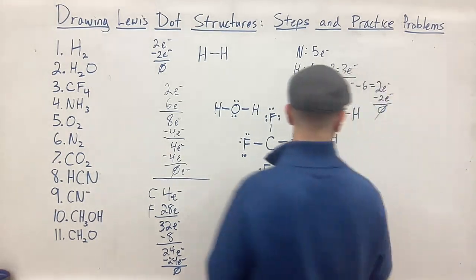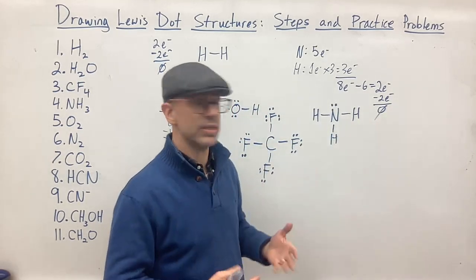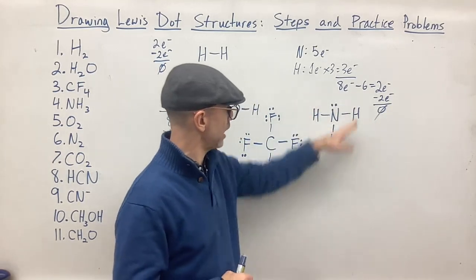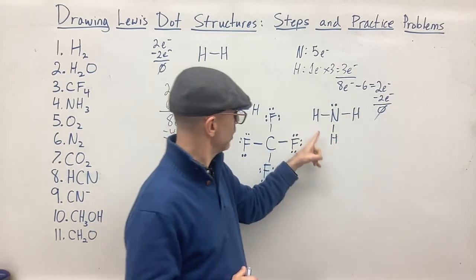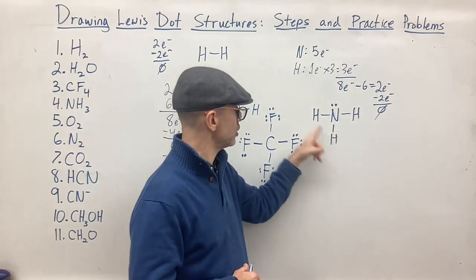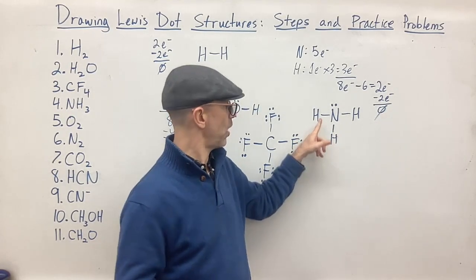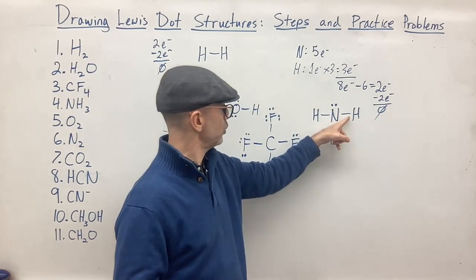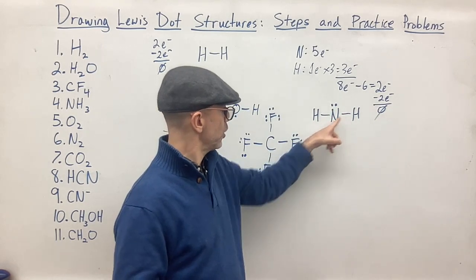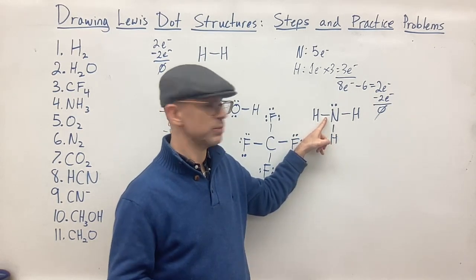So now what do we do? So since we have no more electrons, we have to check to make sure all the atoms are happy in our Lewis dot structure. So if we look at the hydrogen, every hydrogen is bonded once. That's all hydrogen wants. So hydrogen is happy with 1 bond. And if we look at nitrogen, we have 3 bonds, which is 6 electrons, 2 electrons per bond.